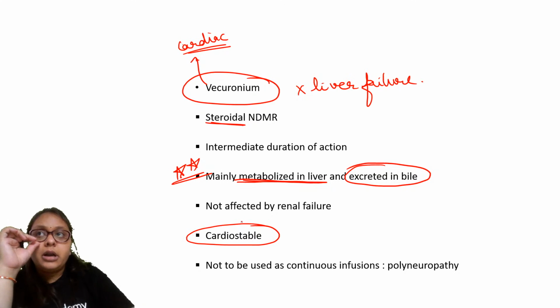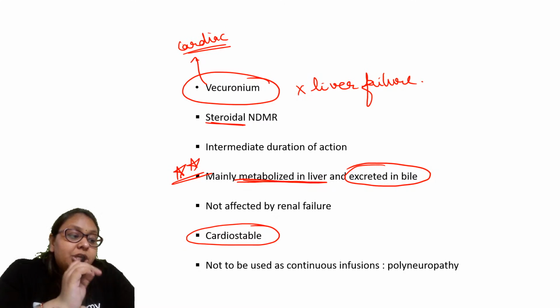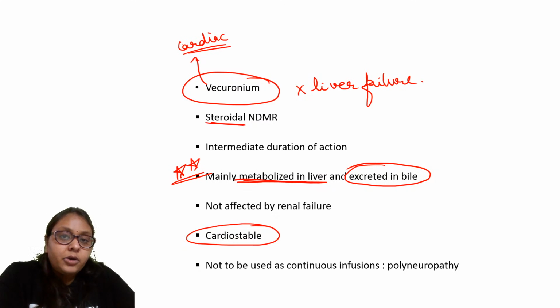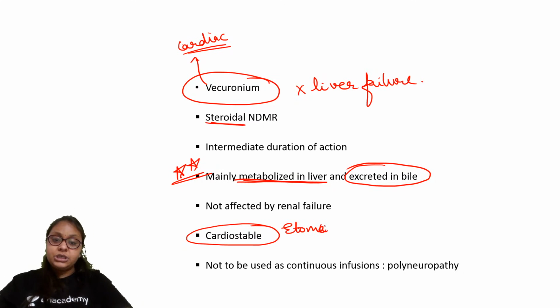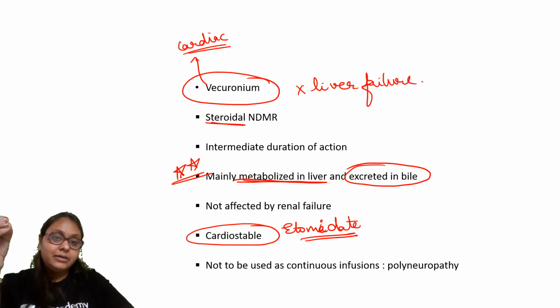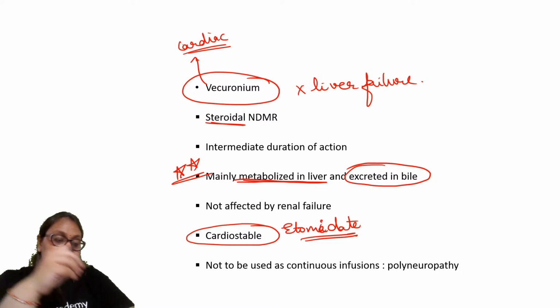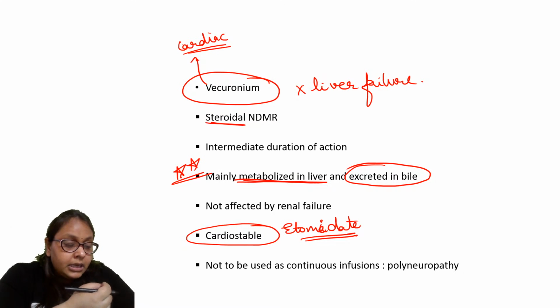Yesterday I told you the inducing agent present in cardiac OTs, that is etomidate, an IV inducing agent that is cardiostable. The muscle relaxant is vecuronium. Is it clear?